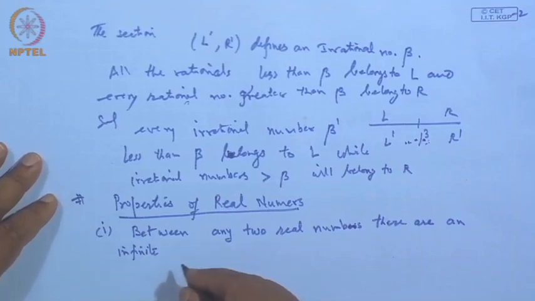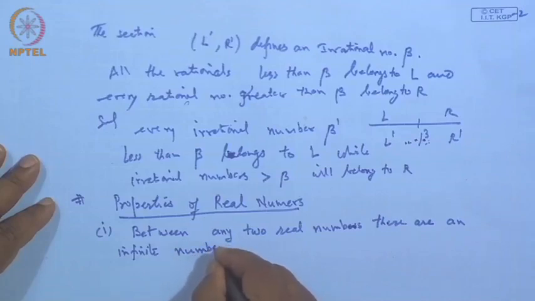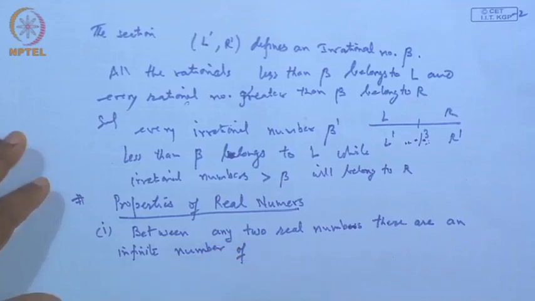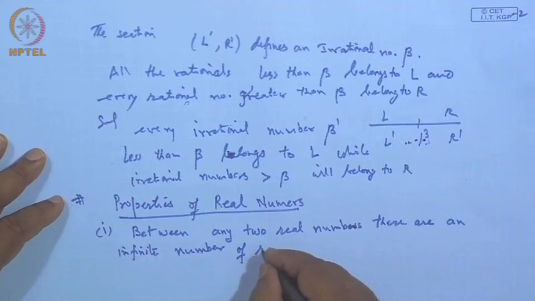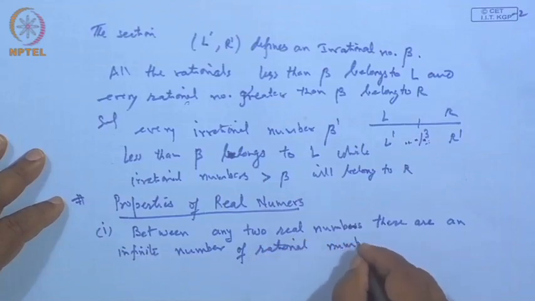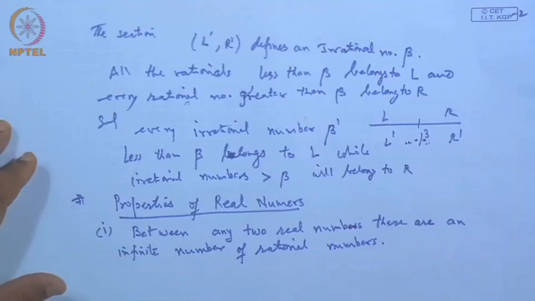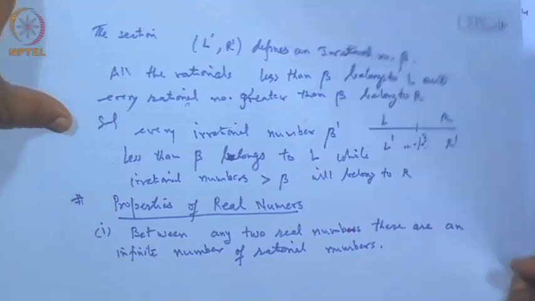Between any two real numbers, there are an infinite number of rational numbers. Let us see how.